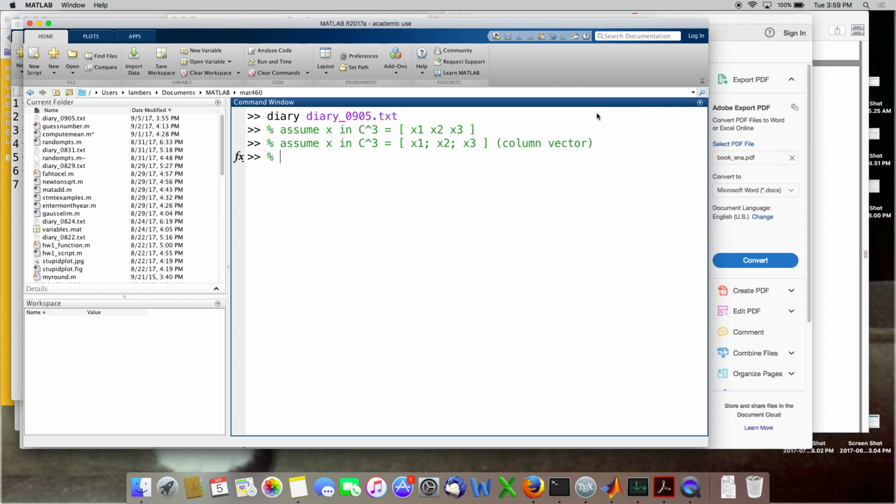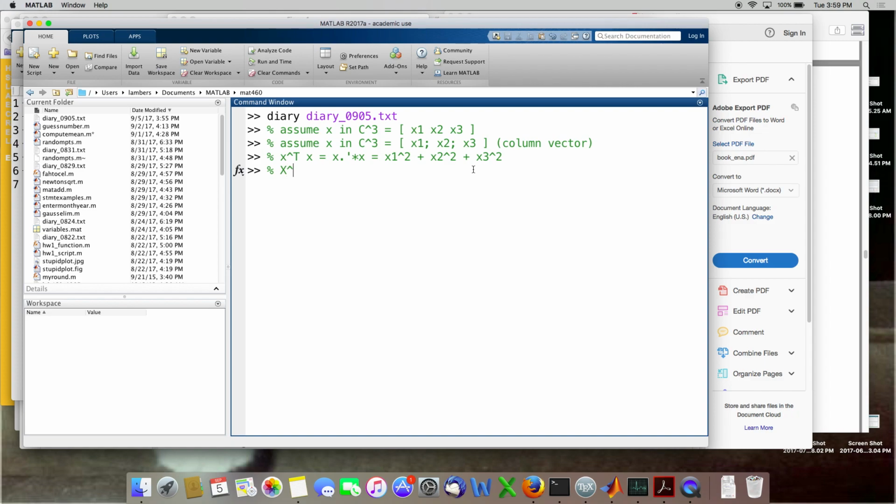So x transpose x, and in MATLAB that would be x dot quote times x. Here's how it would be written mathematically, with the up arrow meaning a superscript, and this is how you would write it in MATLAB. That would just be x1 squared plus x2 squared plus x3 squared.